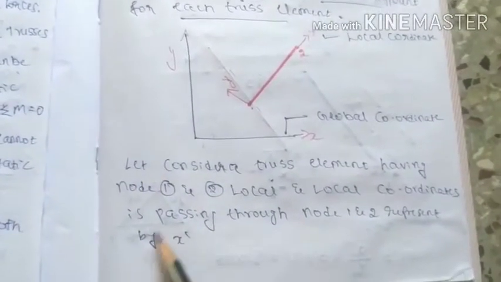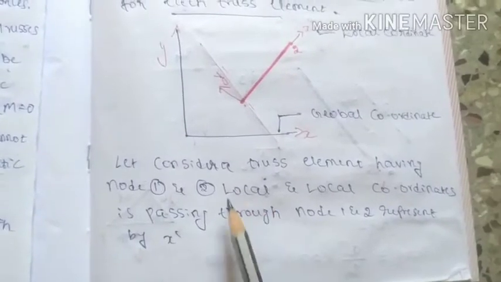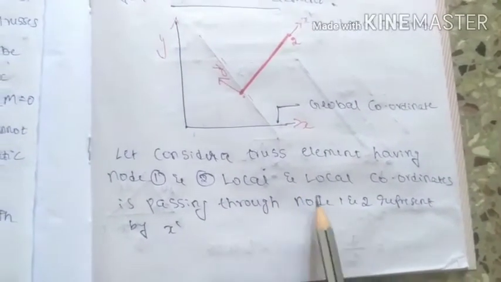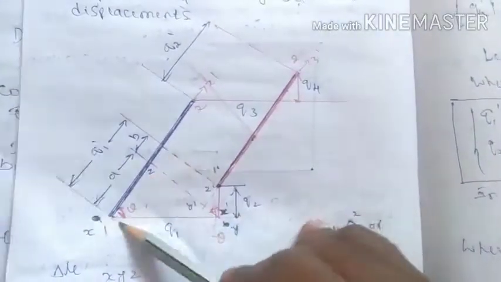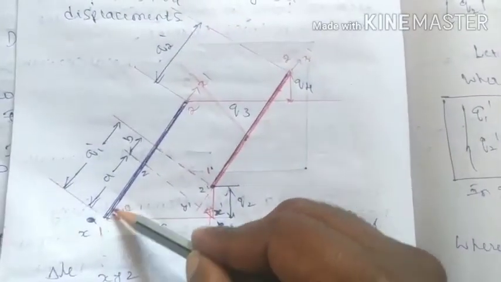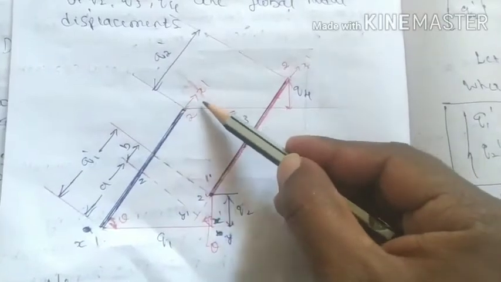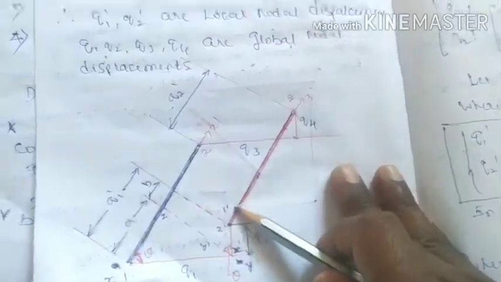For this let's consider the truss element having node 1 and node 2 in local, and the local coordinate passing through node 1 and node 2 represents x dash. That is the next figure. You can see now we have considered one bar. So here node 1 and node 2, along the bar, are considered the coordinate system, that is the local coordinate system, called x dash.